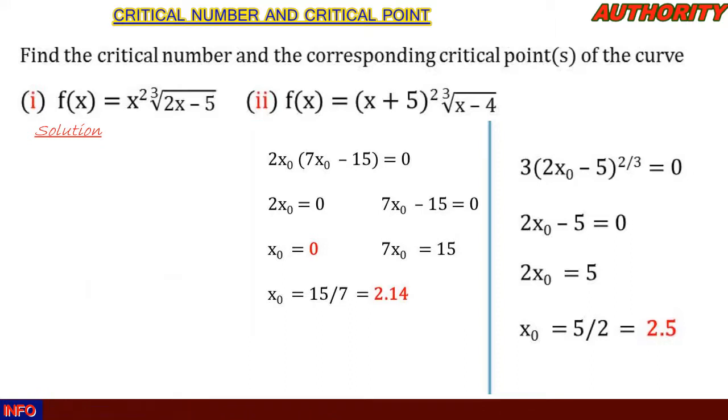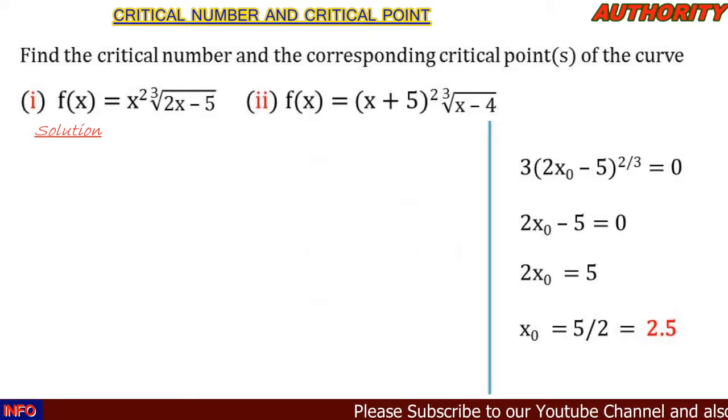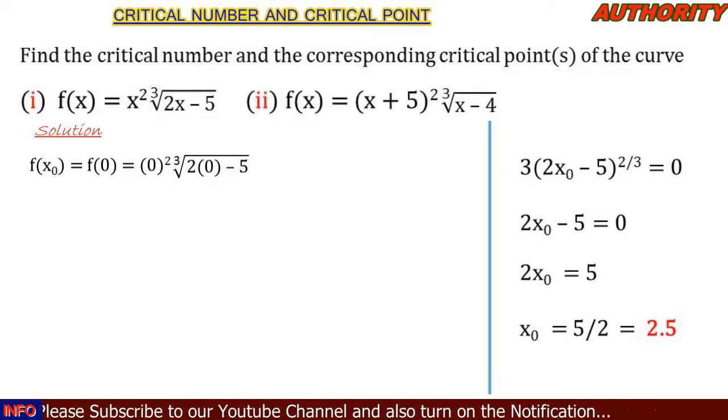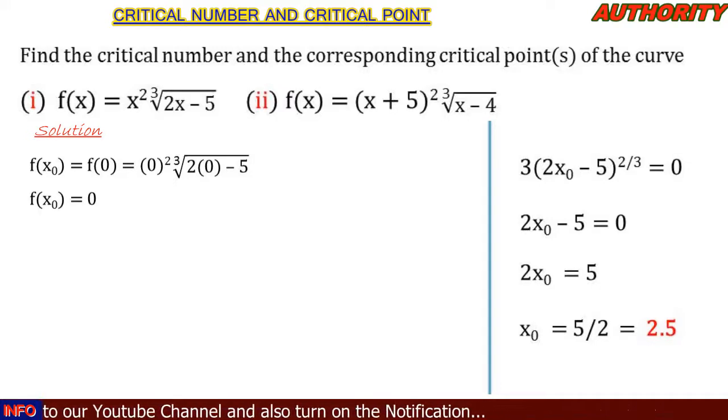For x naught equal to 0, our function f of x is equal to x squared cubic root of 2x minus 5. Here we can plug 0 into this function to see what we're going to obtain. f of x naught is equal to f of 0 is equal to 0 squared cubic root of 2 open bracket 0 minus 5, so everything is going to give us 0.